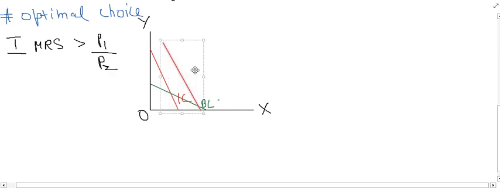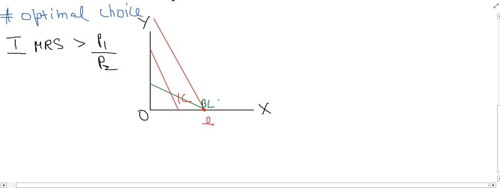Is this the highest IC? No, he can do even better. Is this the highest IC? Let's check at this point. Let's extend it. Beyond this point, the bundles are not affordable, as the green line is the budget line.